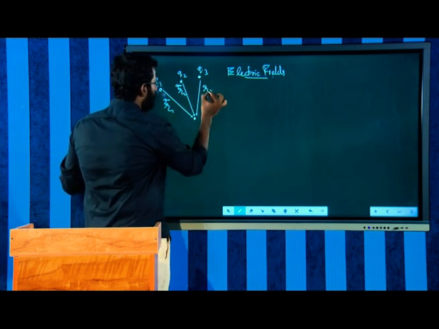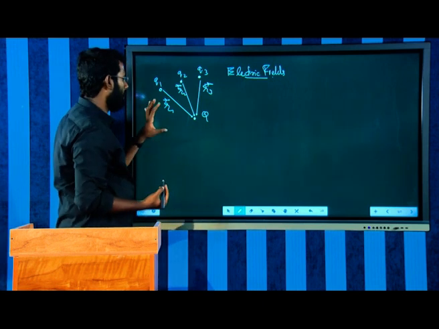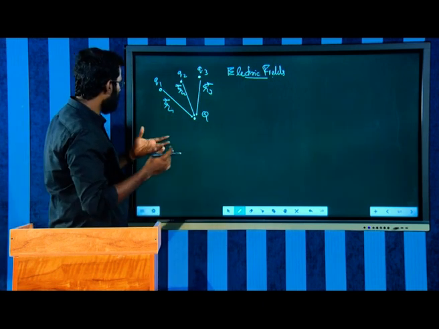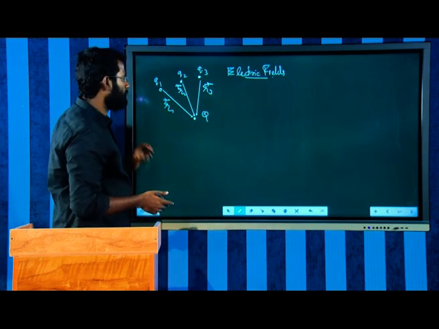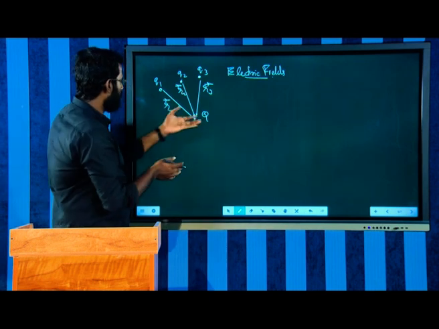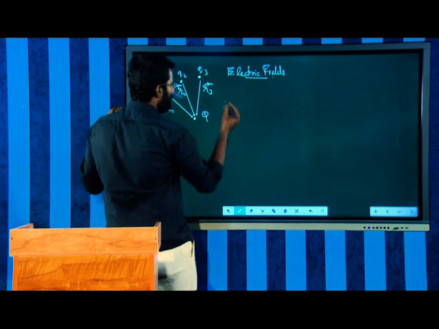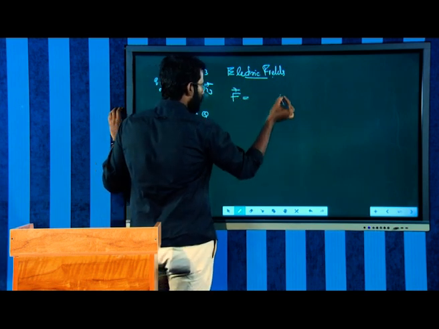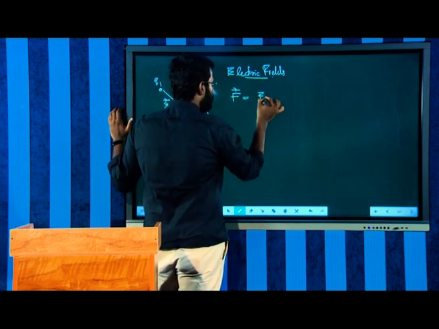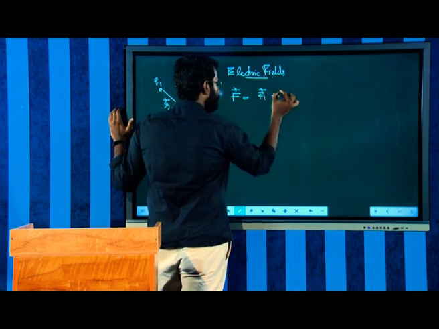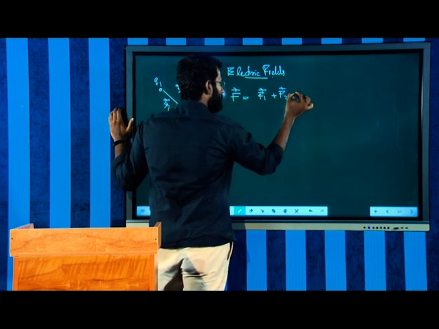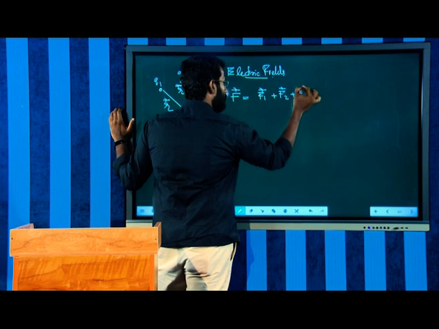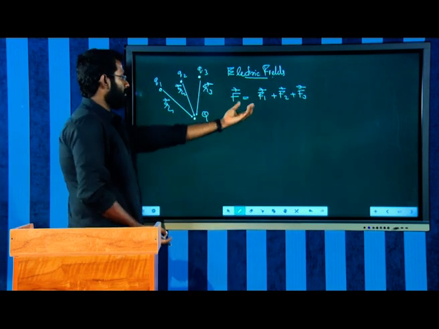We were discussing how to calculate the force due to all these three charges on the test charge, and we wrote it as F is equal to F1 plus F2 plus F3. Okay.